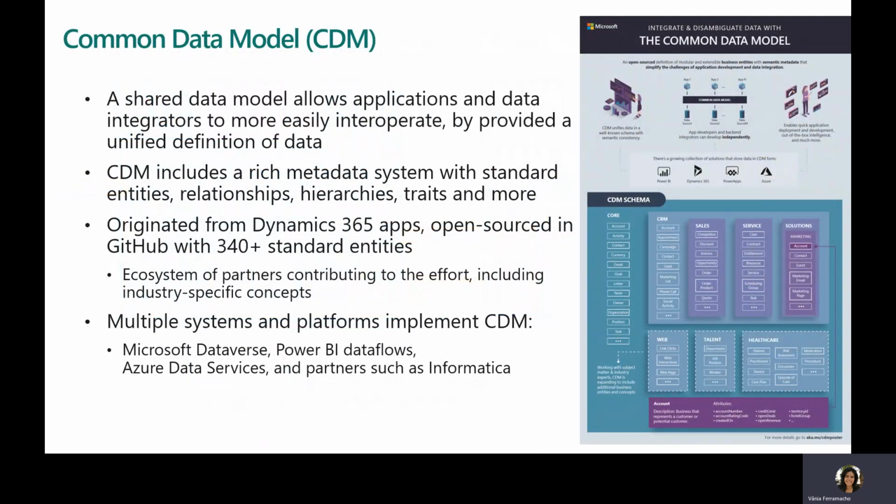So as said before, the Common Data Model is a shared data model that allows applications and data integrators to more easily interoperate by providing a unified definition of data. Common Data Model includes a rich metadata system with standard entities, relationships, hierarchies, and so on. One of the reasons for us to be using this is our ISVs, our partners.